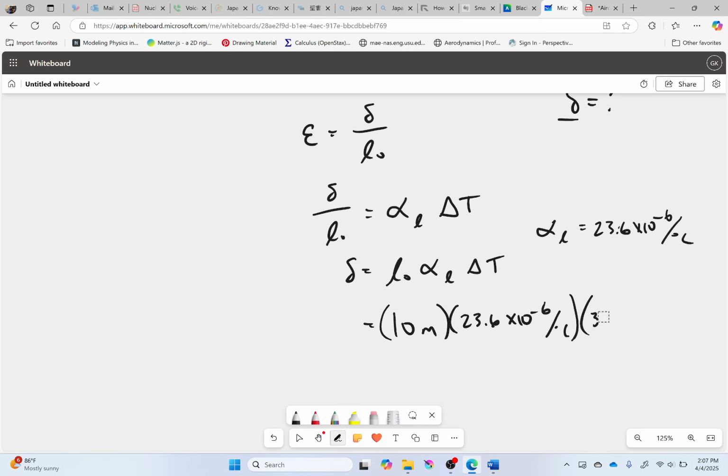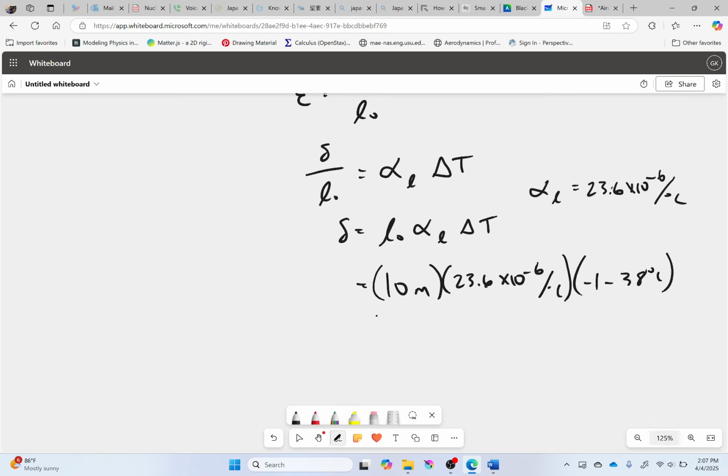Oop, final minus initial, sorry. Negative 1 minus 38, degrees Celsius. So when I plug that in, I get a very small amount of meters, 9.2 times 10 to the negative 3 meters, which is equal to 9.2 millimeters. And that is smaller, it got smaller by negative 9.2 millimeters.